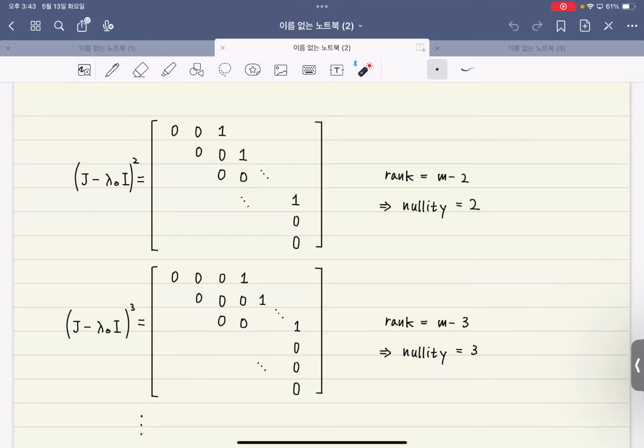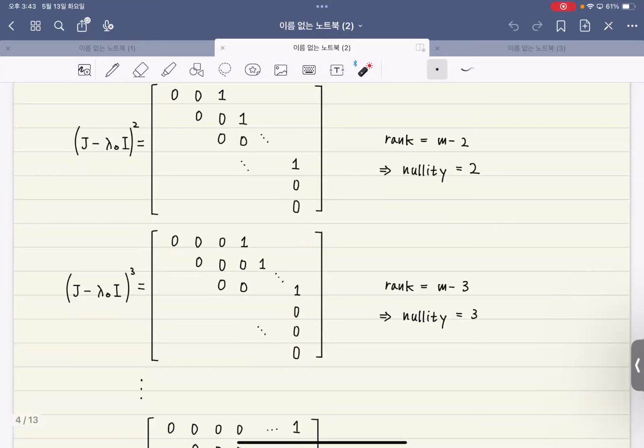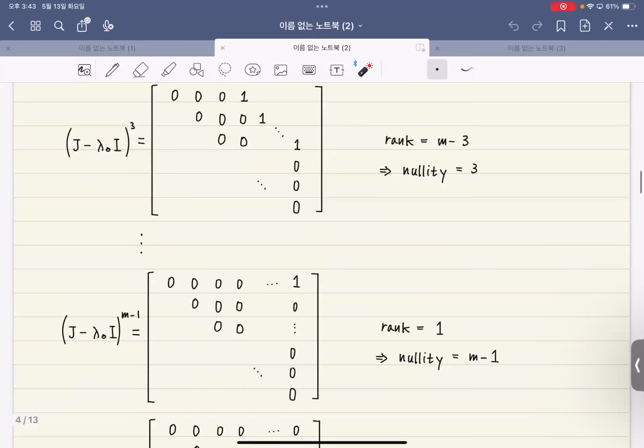So can you read the pattern from here? As you increase the power one by one, this diagonal of ones moves one step toward the corner, and the rank decreases by 1 while the nullity increases by 1. But the nullity cannot increase forever, right? If you raise the power of this matrix to n minus 1, then eventually you have just one single one over here, and all the other entries equal 0.